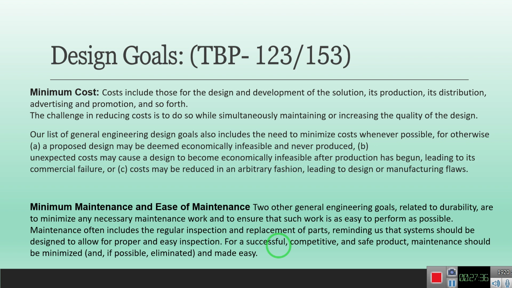It has a span of some years of life, maybe 3, 4, or 5 years. After that, you have to throw it. In between, no maintenance is needed. Just use and throw it, like that. So you have to minimize the maintenance, and maintenance should be easy. These are the design goals or objectives which have to be considered in designing.